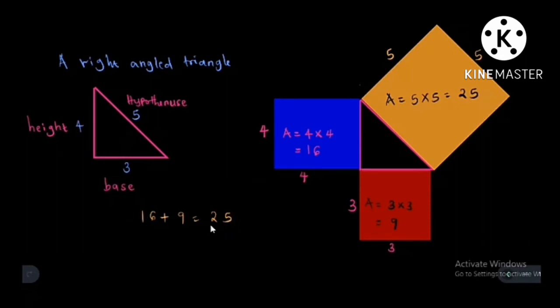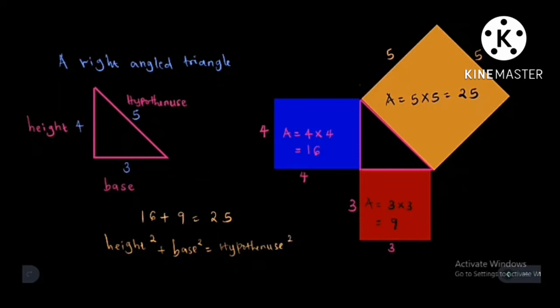So in form of a formula, we can say that, I started with the height, so I'll start with height. The height squared plus the base squared should give you the hypotenuse squared.